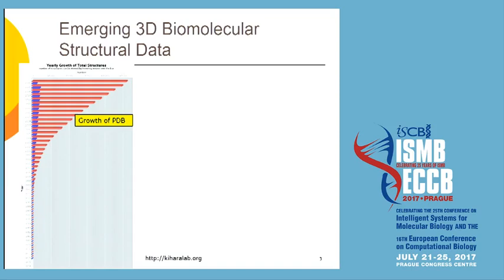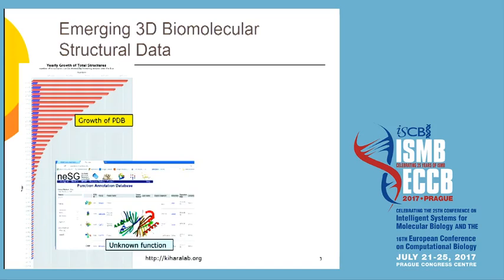Obviously, the PDBe is the source of our structural information. It now has more than 150,000 structures available. And also, as some of the speakers this morning have talked about, there are proteins which do not have function information.